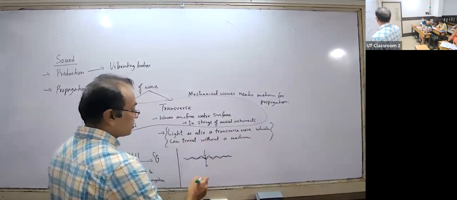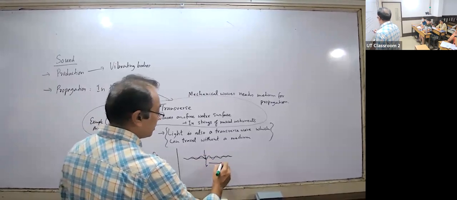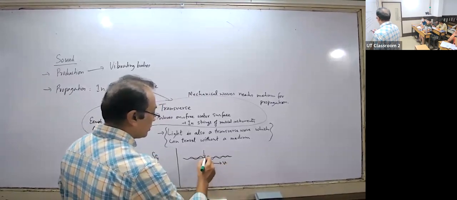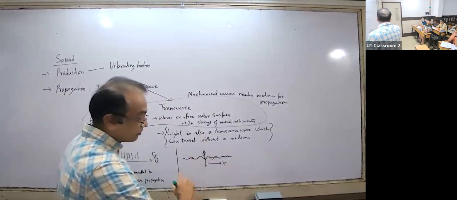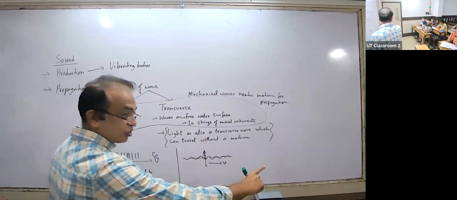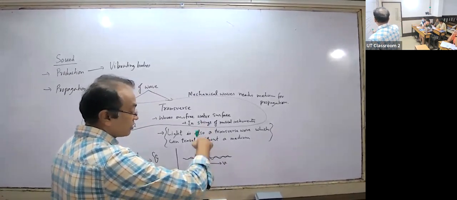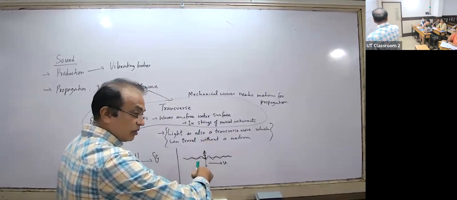Right? So how is the water molecule oscillating? Up and down. How is the wave traveling? This way. The oscillation of the water molecule is like this. The wave is traveling horizontally. The particles of the medium are oscillating vertically, or perpendicular.